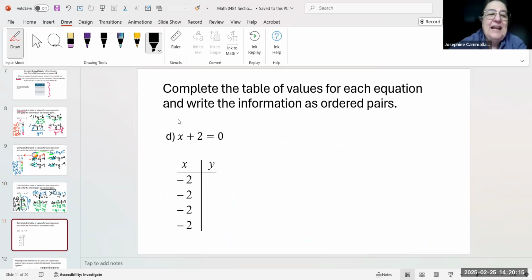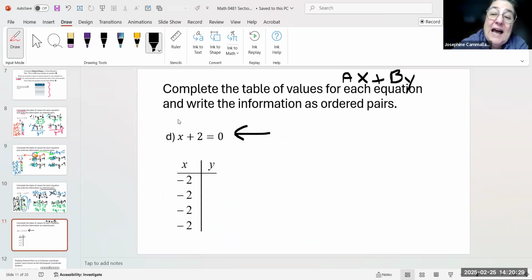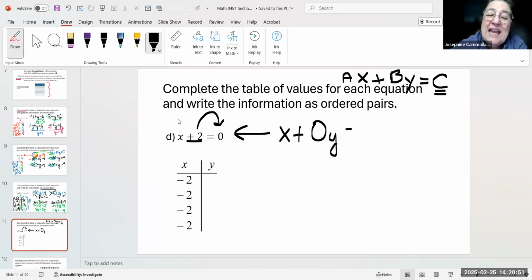You have to recognize that we have AX plus BY equals C. C has got to be a number, which means this +2 has got to come over here, which means we have X plus 0Y equals -2.